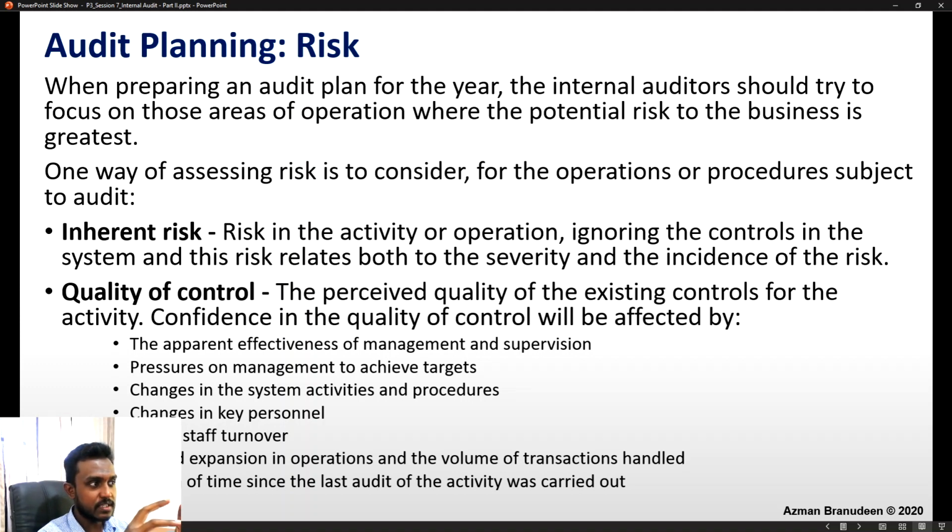So these are some of the considerations that could affect the level of confidence you have in the quality of control of whatever the subject of audit you are planning to investigate.